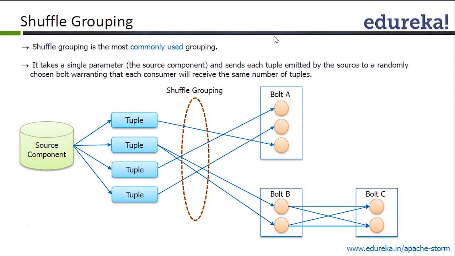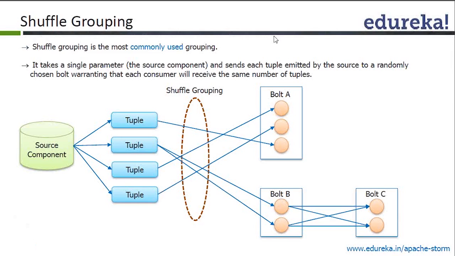Okay, so let's say if there are four tuples coming, it would make sure that 2 tuples go to one bolt, another 2 tuples go to another bolt. If there are 5, then probably it is 2 to one bolt, another 2 to another bolt, and 1 to the third bolt kind of thing.